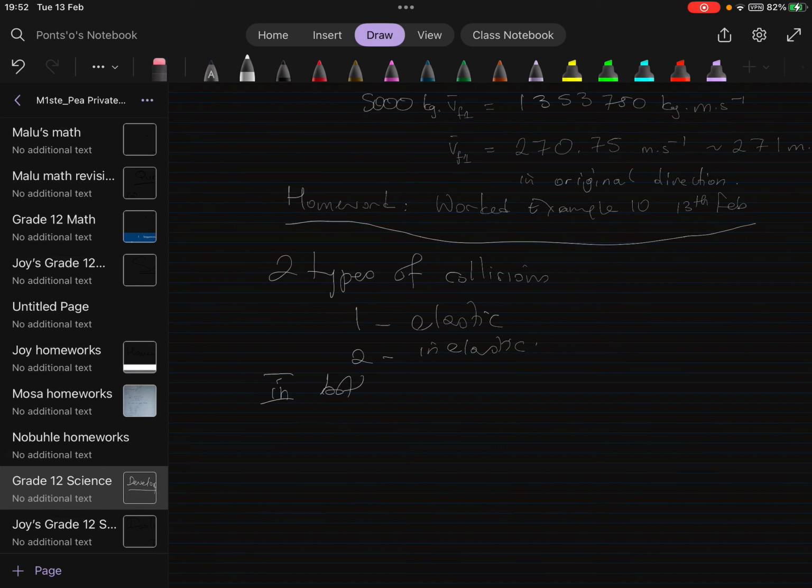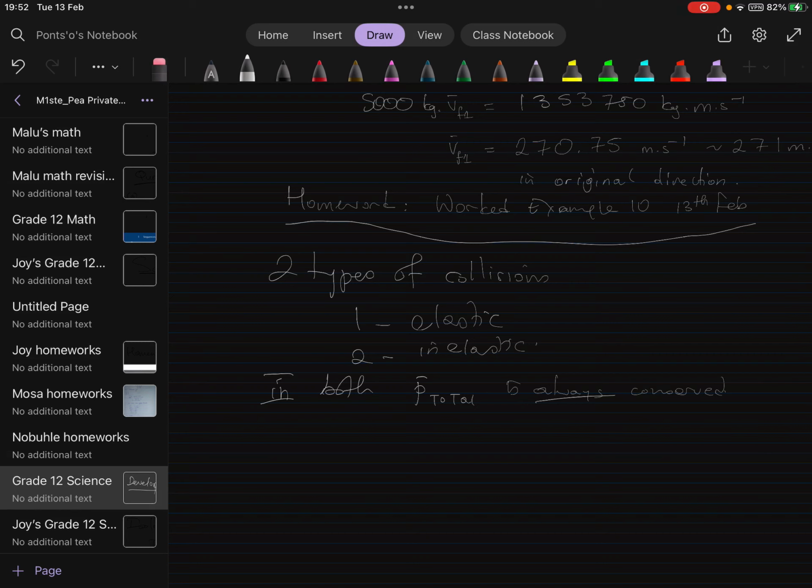Now, in both types of collision, the total momentum is always conserved, right? So in both cases, P total is always conserved. So the momentum doesn't change.